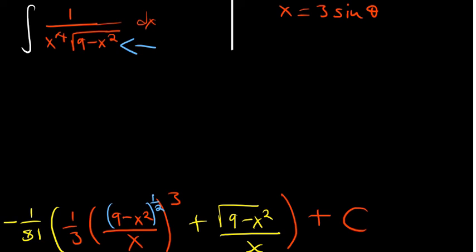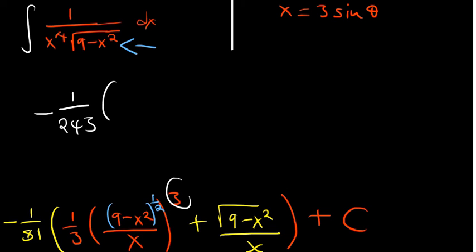I'll start first of all by multiplying the 81 by the 3. So 81 times 3 is 243. So we're going to have negative 1 over 243.